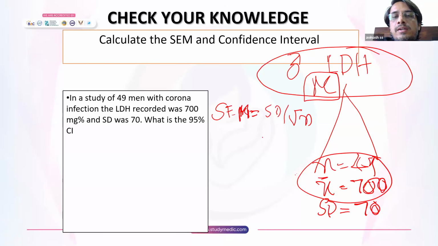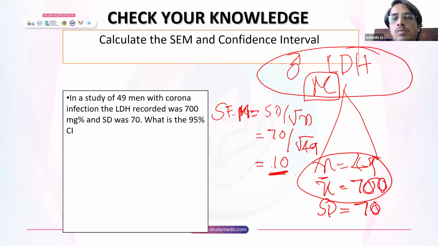Now what is the standard deviation measured here? It is equal to 70. Square root of sample size is square root of 49, which is 7. So 70 by 7 is 10. So standard error of mean is 10.